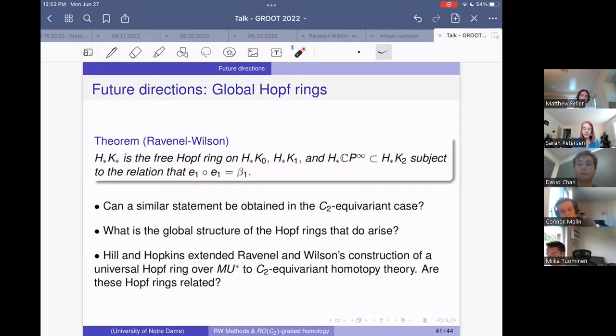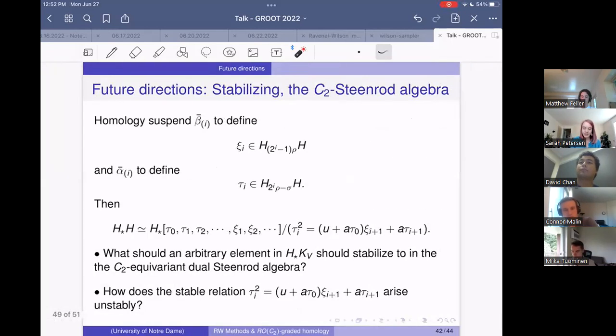So I'd like to be able to write down a similar statement in the C2 equivariant case and really understand this global structure of Hopf rings that do arise there. And then Hill and Hopkins also have an extension of Ravenel and Wilson's construction of a universal Hopf ring over mu star. And I'd like to understand maps from that construction into the homology of the spaces I've computed.